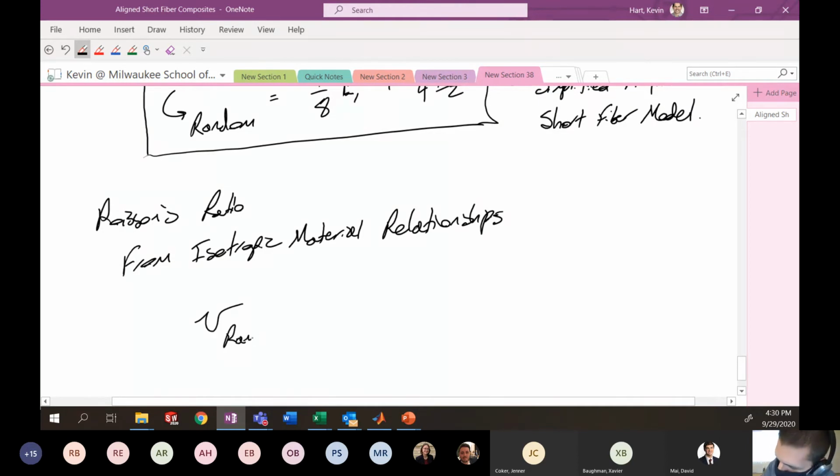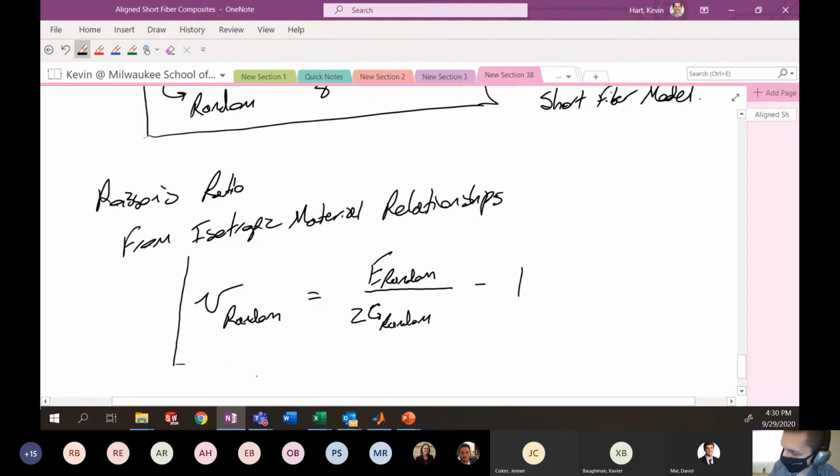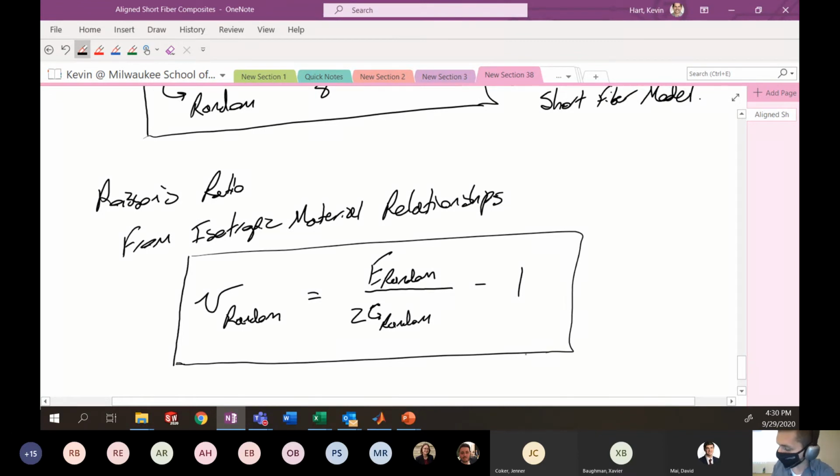Poisson's ratio is a combination of the elastic and the shear modulus: E random over 2G random, all minus 1. This is purely an isotropic relationship, so this holds for all isotropic materials. But here we're assuming this random composite is behaving like an isotropic material.